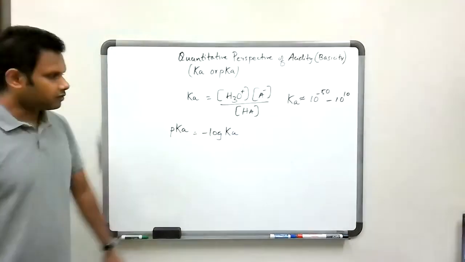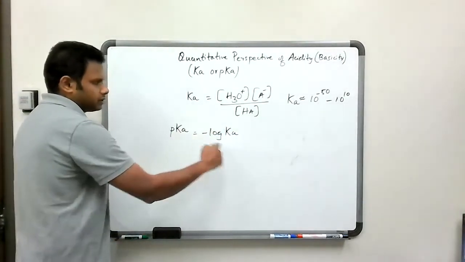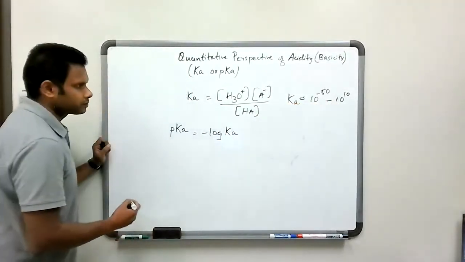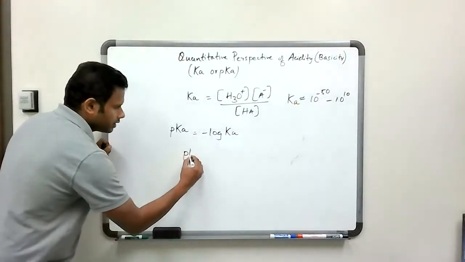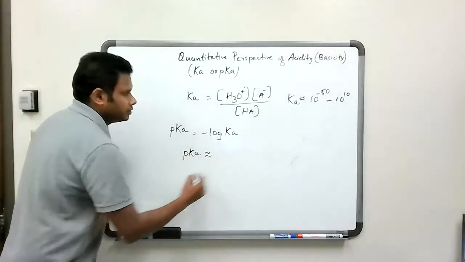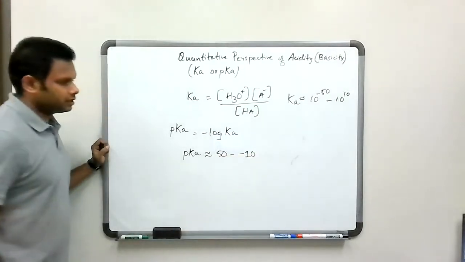pKa is the negative log of Ka, and when you apply this math to typical Ka values, you will get pKa values in the range of 50 to negative 10.